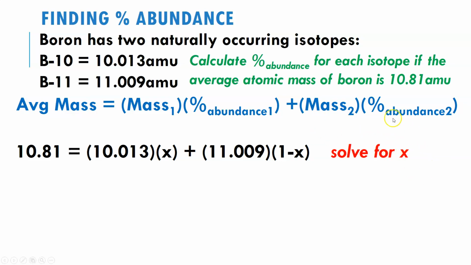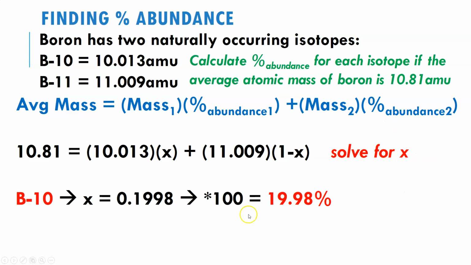So, if we solve for X, we find out that X is 0.1998. Let's put that back in percentage form by multiplying by 100. And I find out that the percent abundance of boron 10 is almost 20%.